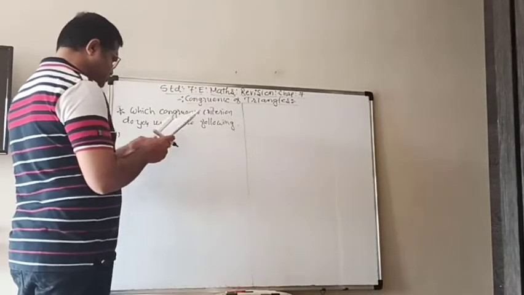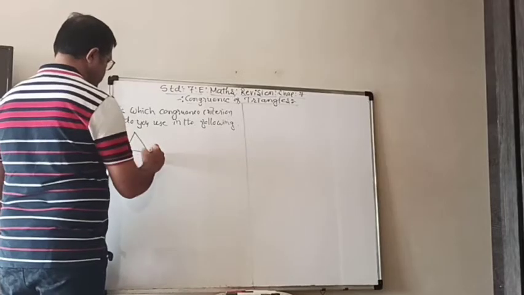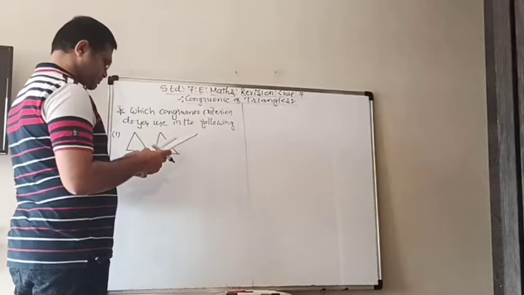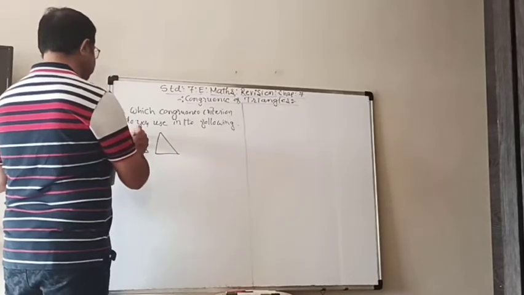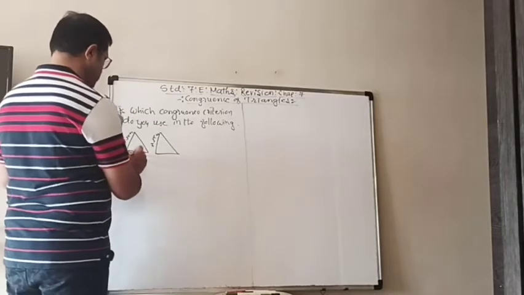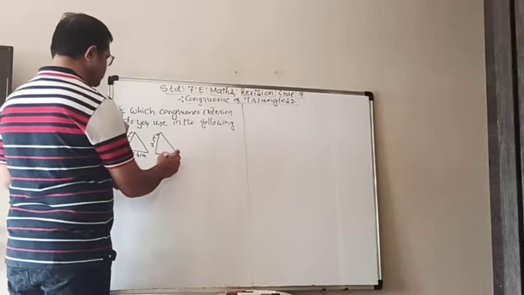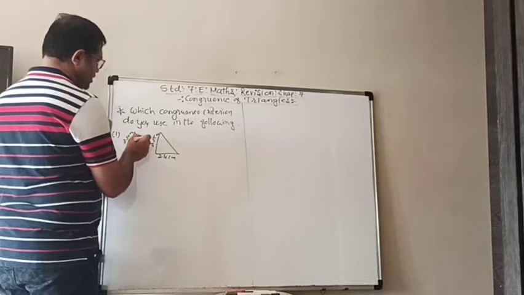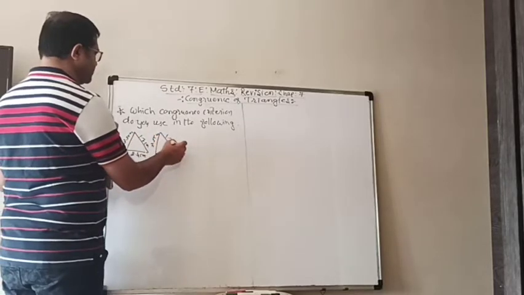So let us take the first set, in which the sides are given: 3.5 centimeter, 3.5 centimeter, 2.4 centimeter, 2.4 centimeter, and 1.7 centimeter, 1.7 centimeter.